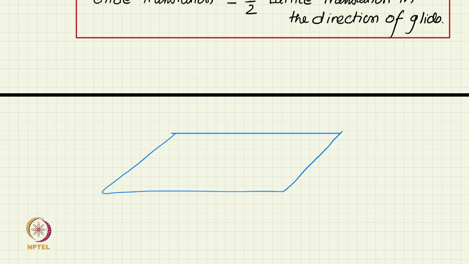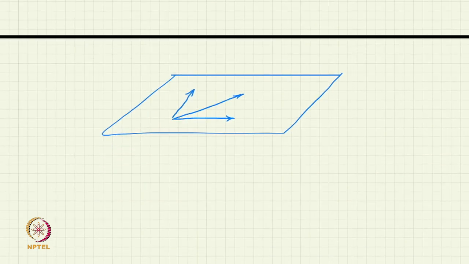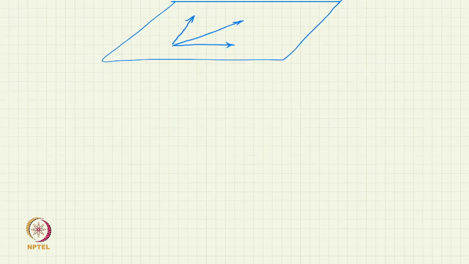So, reflection is okay, but the translation can be in many directions. There are many possible directions of translation in the plane. So, based on this, glide operations have been characterized in international table and 4 categories have been developed.